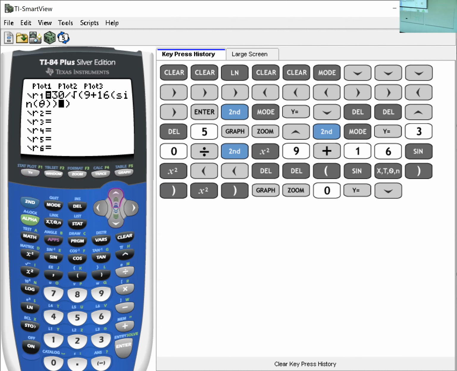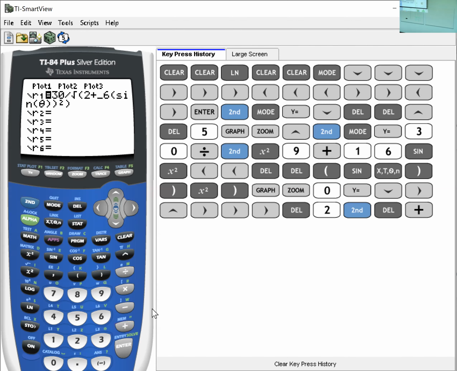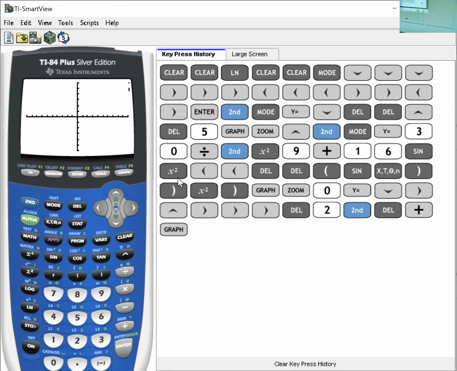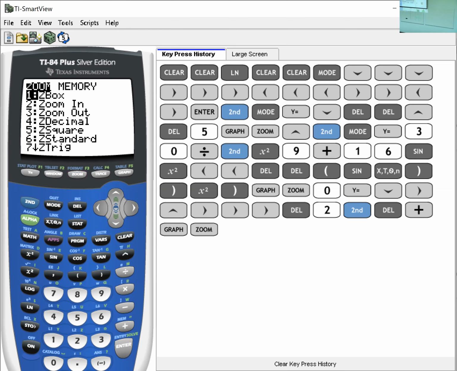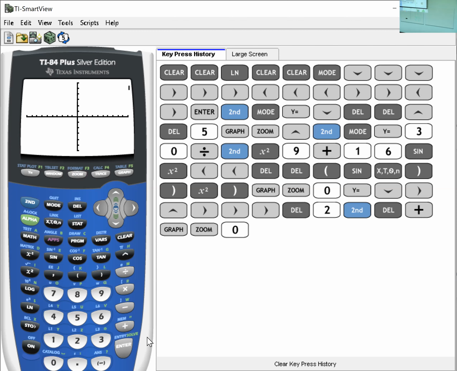I am going to change the 9 to 2. Well, calculators can't do it all.